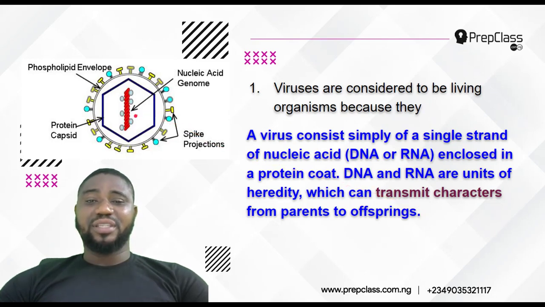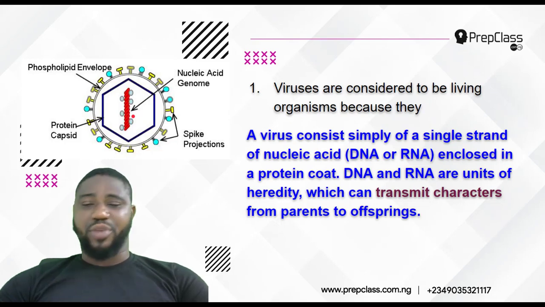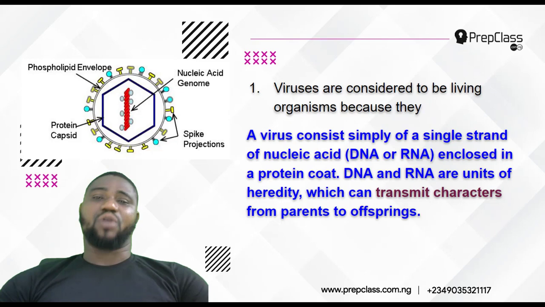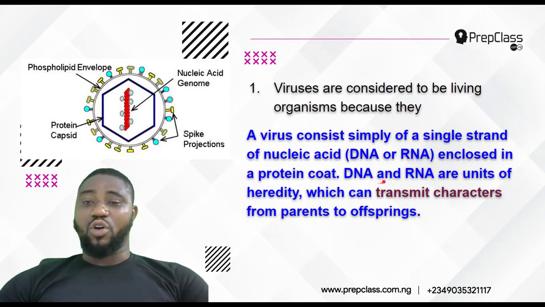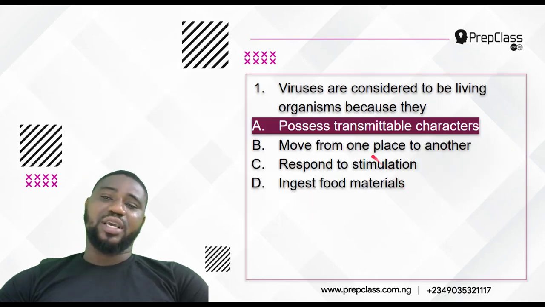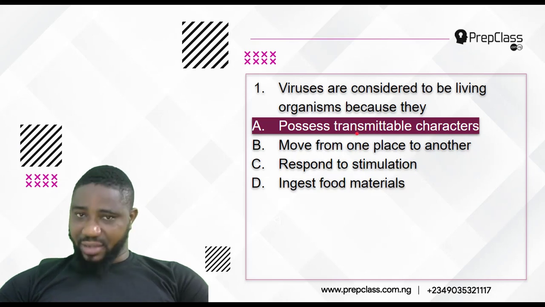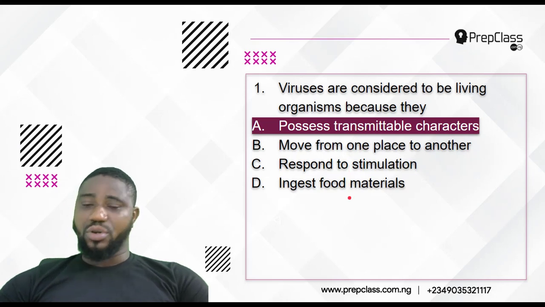They have something that can transmit traits or genes from parents to offspring. So that's the main reason why they are considered living organisms, because they contain DNA. That means they contain something that can transmit characters. So because of that, your answer is A. They possess transmittable characters.